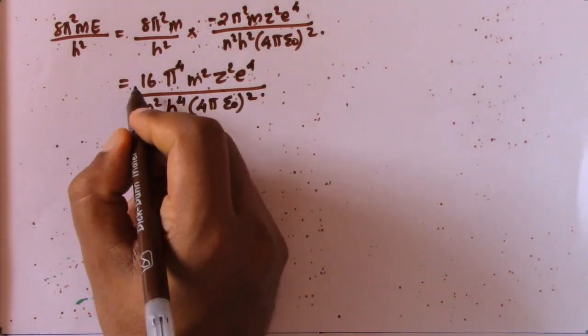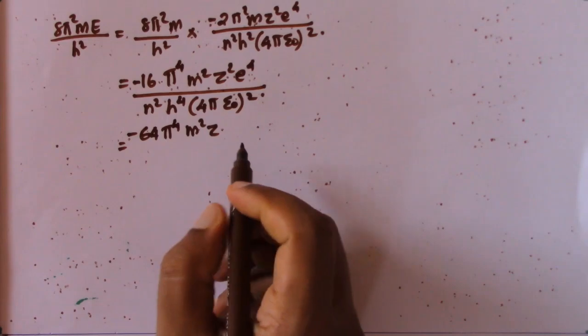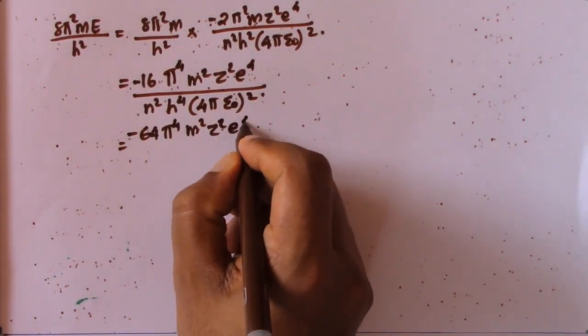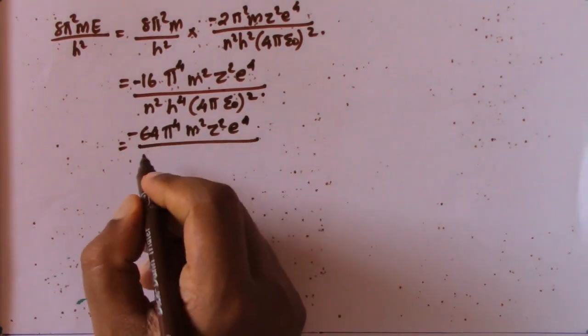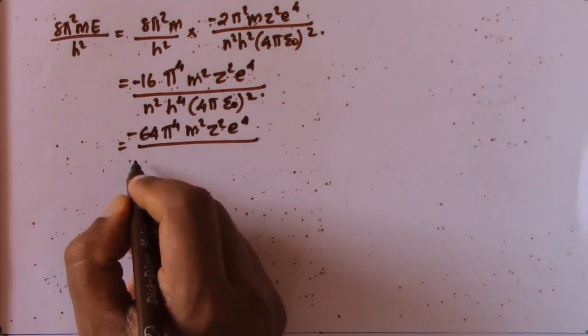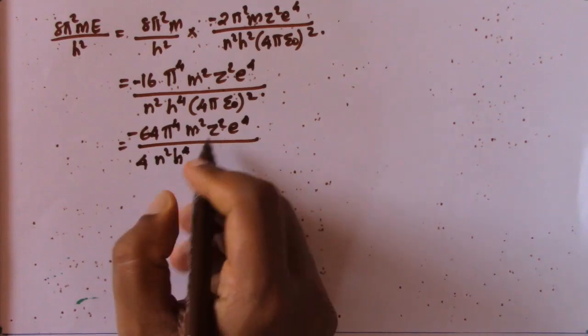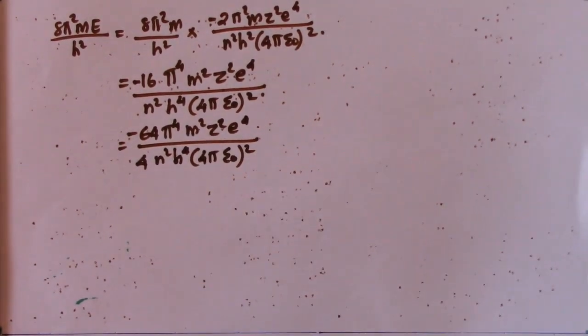We have a minus sign here because a minus sign was there. Minus 64 pi raised to 4 m square z square e raised to 4 divided by, again, we have to multiply the denominator also with 4. So 4 n square h raised to 4 pi epsilon 0 the whole square.